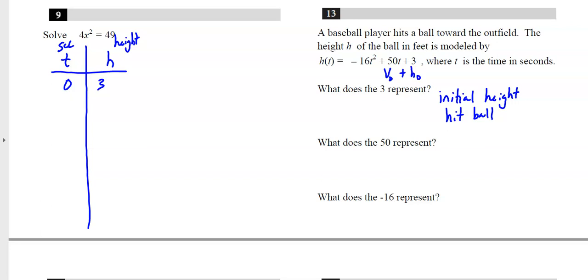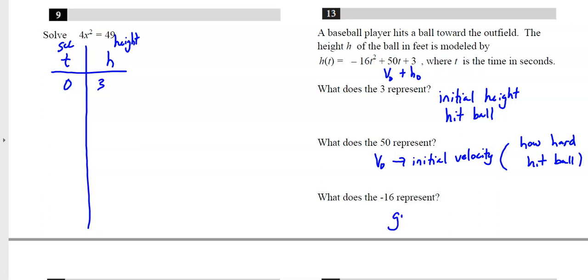V sub 0, well, this is the initial velocity, aka how hard I hit the ball, or my bat speed, how quickly I swung the bat and knocked it out of the park.